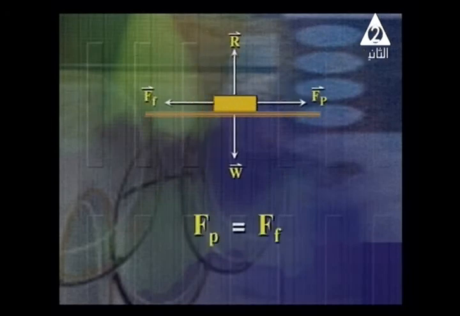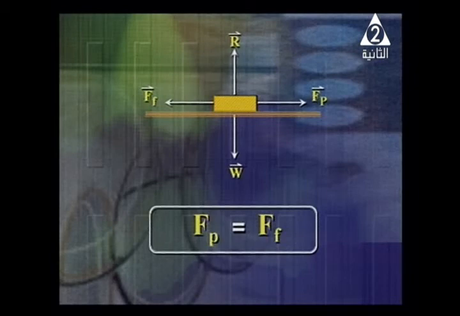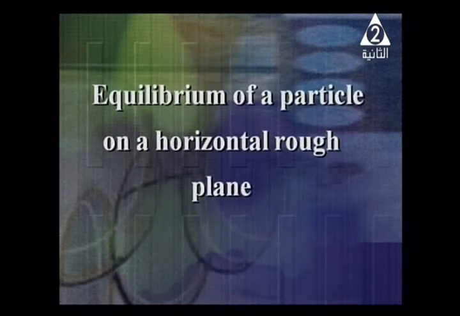Dear student, if we have two forces equal in magnitude and opposite in direction, the body is in equilibrium. This is equilibrium of a particle on a horizontal rough plane. Look at the body: a force F acts, inclined on the x-axis by angle theta. We resolve it along two axes: F cosine theta in the horizontal direction and F sine theta in the vertical direction.